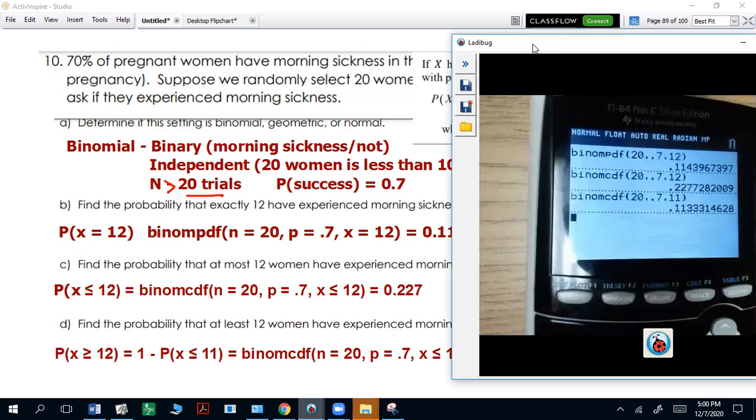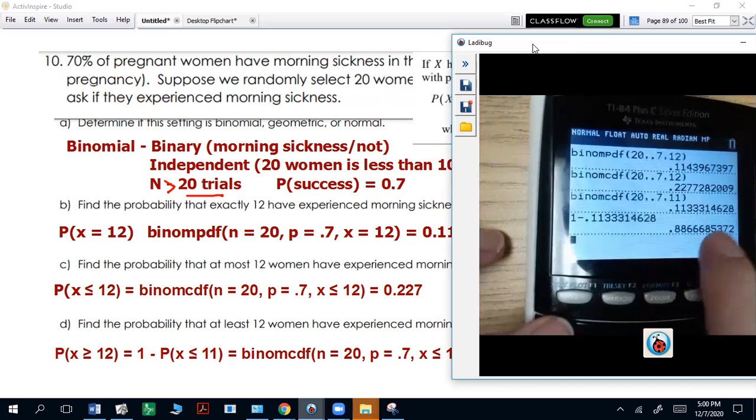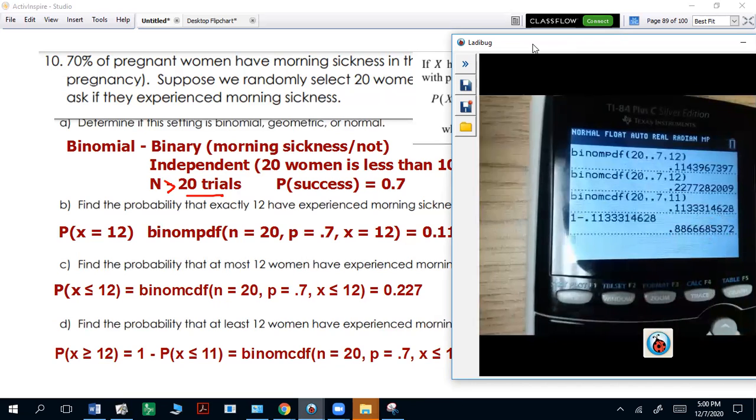Then you're going to subtract that from 1. So that probability is about 88.66%. So you can see the differences there and how you interpret those.